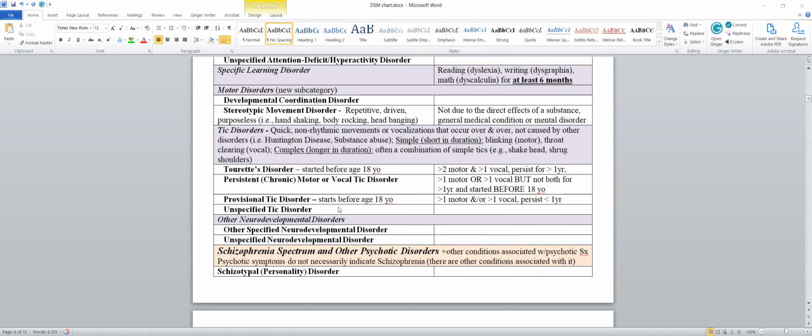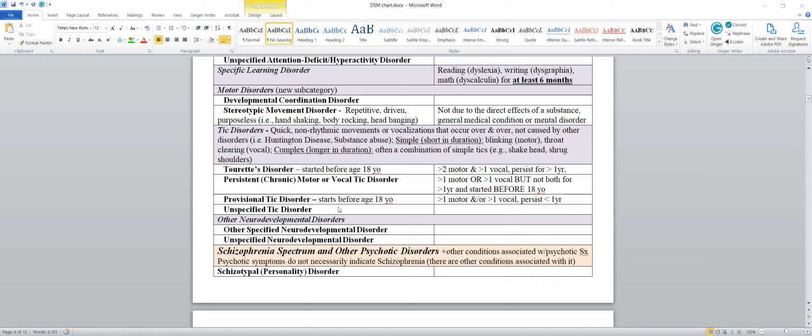These subcategories under tic disorders are Tourette's disorder, which must start before the age of 18 years old. There must be at least 2 motor and 1 vocal tic, and they must persist for at least 1 year.